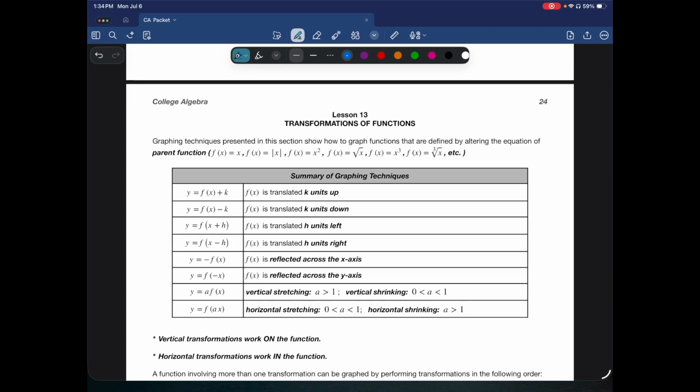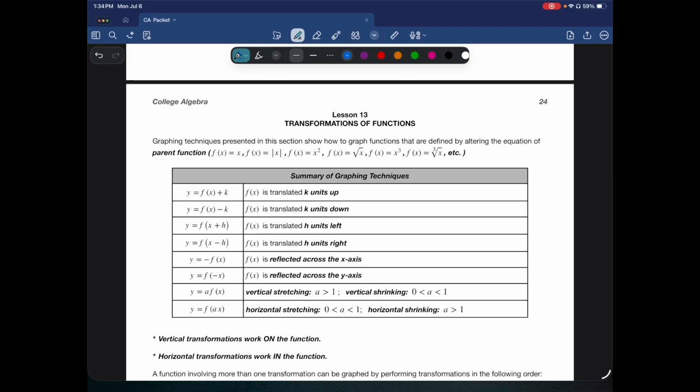So you take your function, and if you add or subtract k off the function, you're moving the original graph up or down. And if you add or subtract the h inside the function, then you are moving the original graph left or right. If you say negative times the original function, you're flipping it over the x-axis.